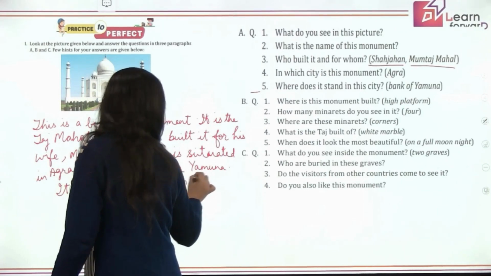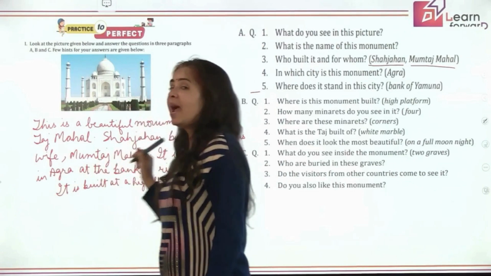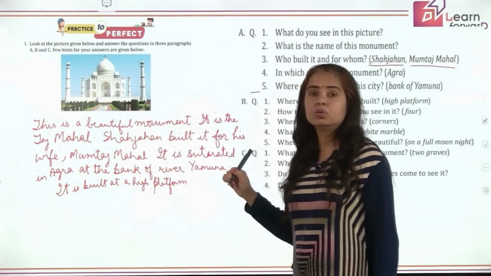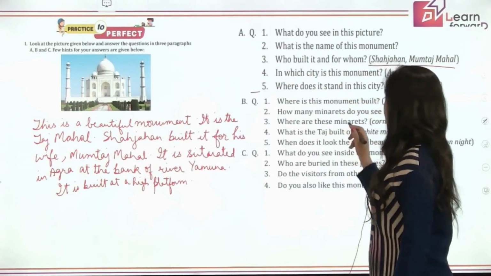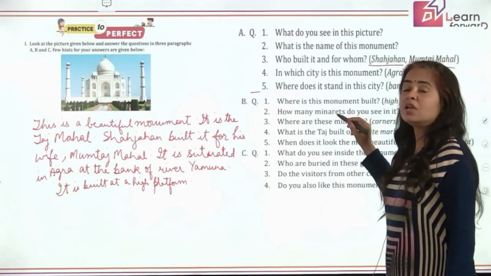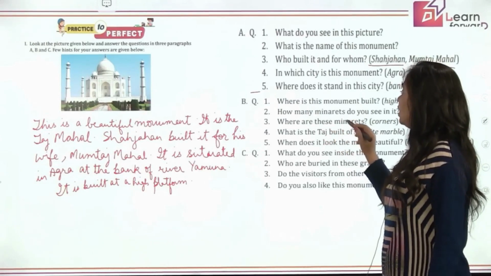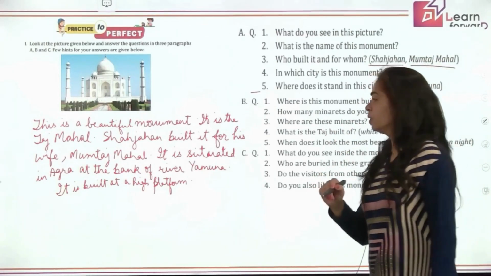And the next question is, how many minarets do you see in it? And you can just add the answer to the next question also. Where are these minarets? So you can say that there are 4 minarets in it, which are in the corners of the building.